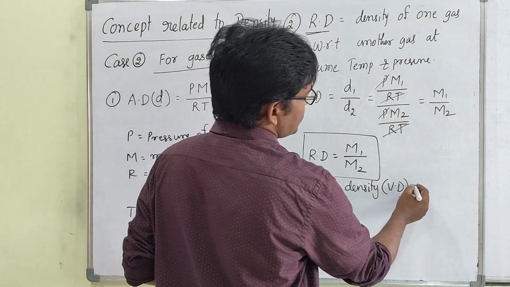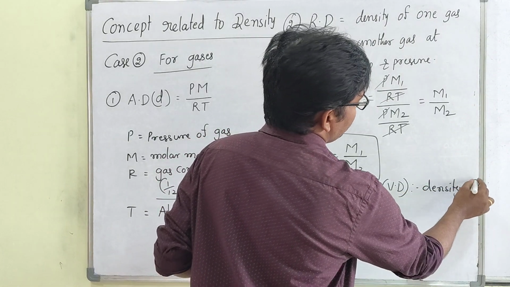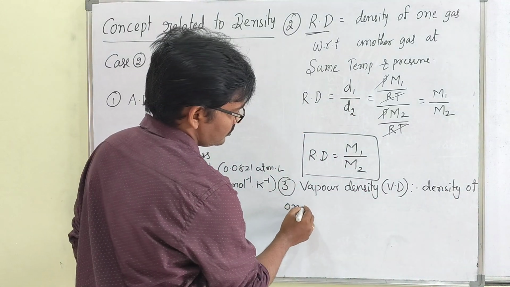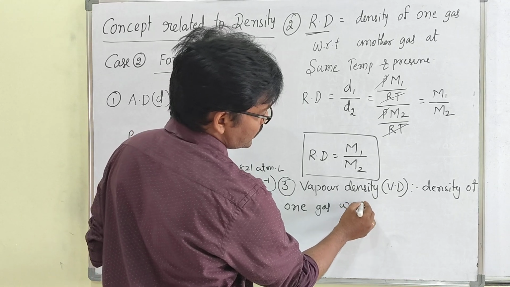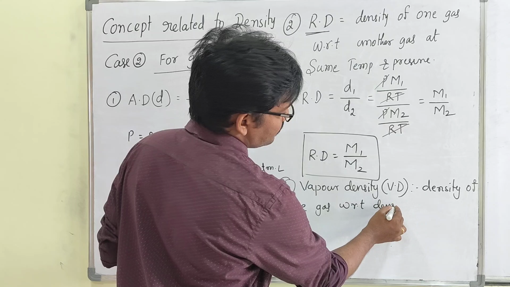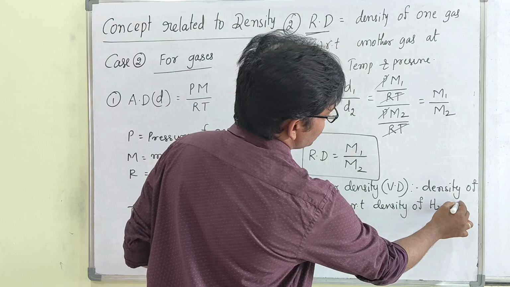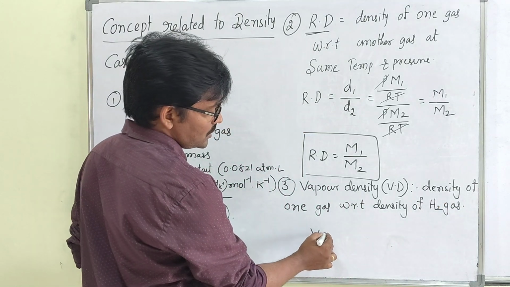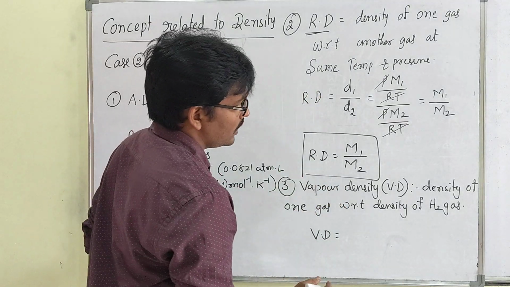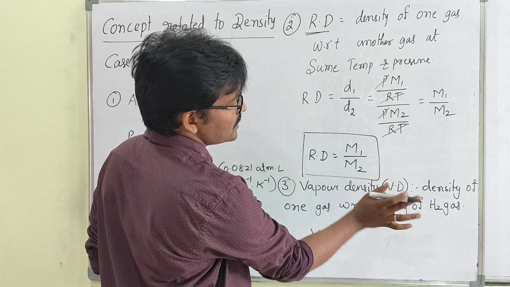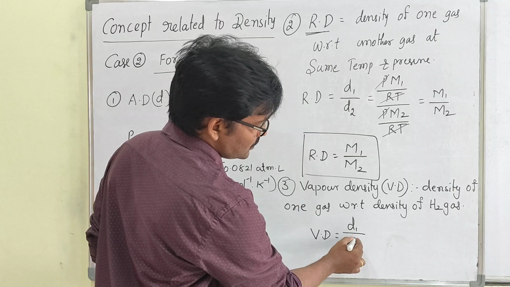Sir, how do we define this? The density of one gas with respect to the density of H2 gas, we compare. So vapor density is the same as relative density, but below is the density of the second one, that is hydrogen gas. So the density of one gas divided by the density of hydrogen gas.